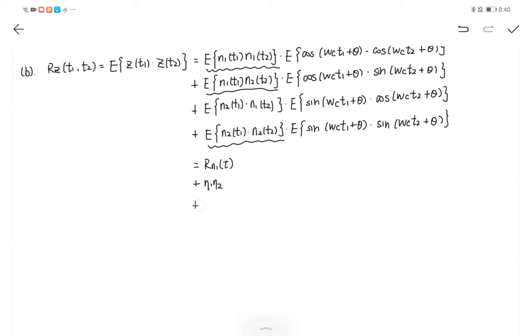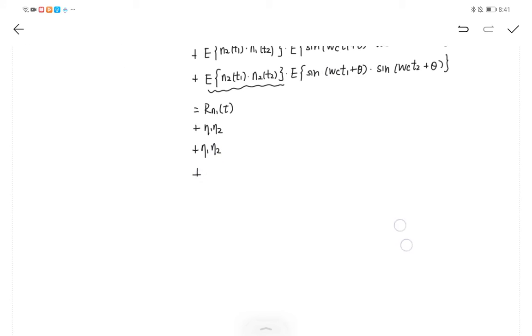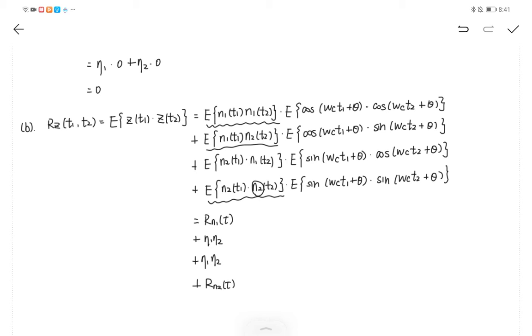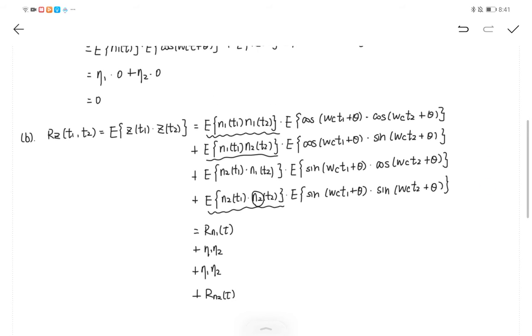This part also equals eta 1 eta 2, and the last part is for N2, so it's R_N2(tau). Now we can calculate this part.